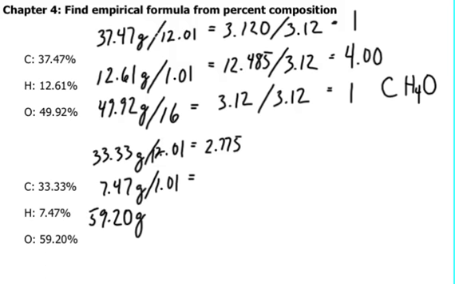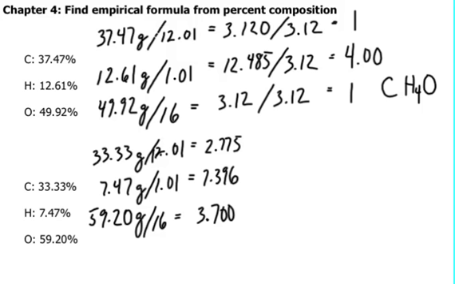All right, so 7.47 divided by 1.01, I get 7.396. And finally, 59.20 divided by 16 is 3.7 exactly. Okay, so I've converted these to moles.